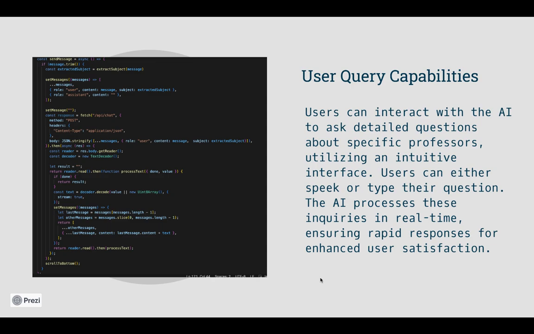So I'll dive into the speech to text a little bit later, but as you can see here, we're basically fetching from the API endpoint, which is OpenAI, and we're feeding it the content and the subject extracted. So if there's a subject mentioned within the message, so let's say computer science, the subject will be compared to an array of subjects that I made, and if it's included in there, then we would just send to OpenAI to search the vector database for a specific subject as well.